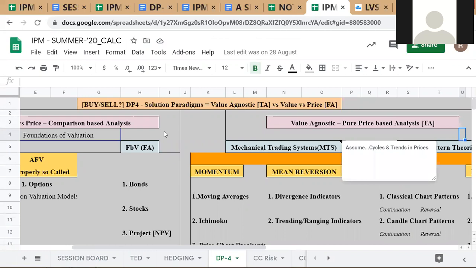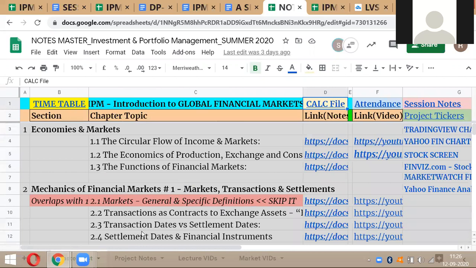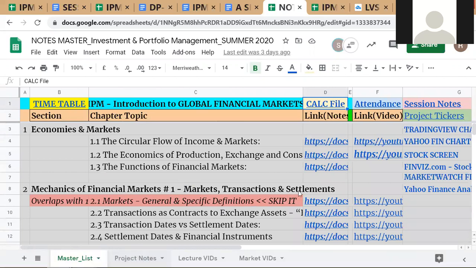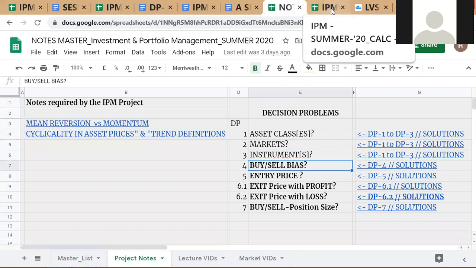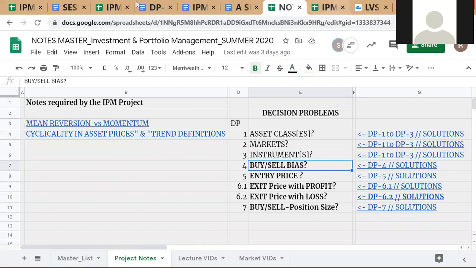We had called it a sub-decision problem under DP4, not a high-level decision problem. Under DP4 you have the other problem of how to decide between FA and TA, and that's how we came to a discussion of the differences between FA and TA.